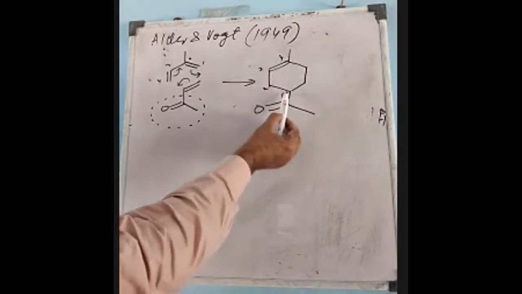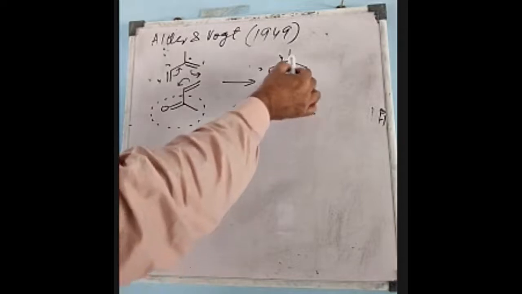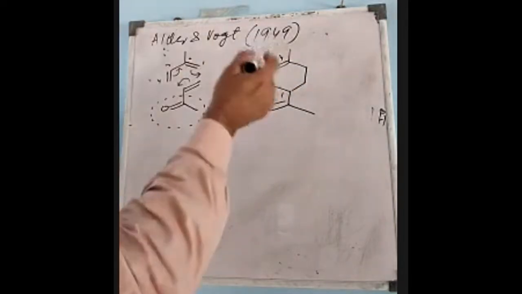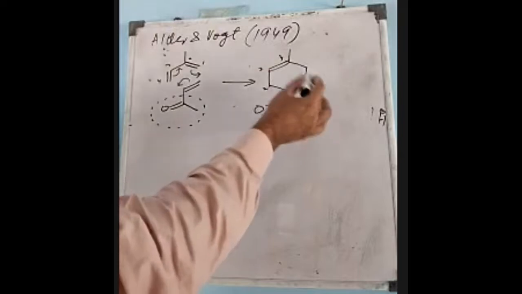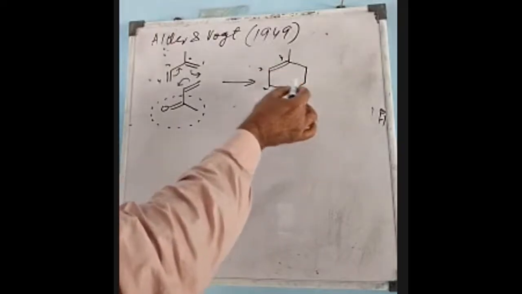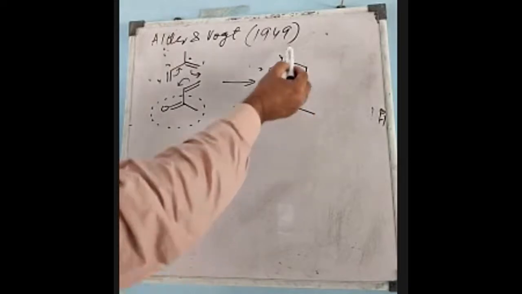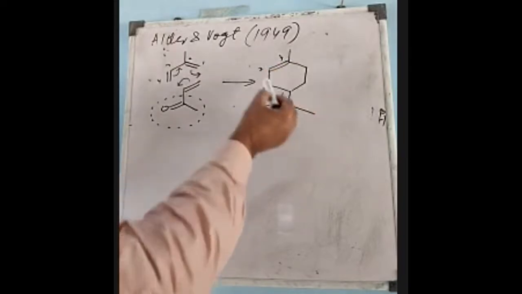If I say cyclohexene, then 1-acetyl-4-methylcyclohexene. But if we say it was actually toluene which is now hydrogenated, then we say tetrahydrotoluene.